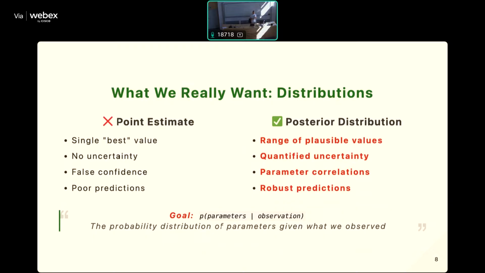So instead of just having one single estimate that can explain our data, we have a distribution with some uncertainty, some variance, and we can even look at the correlations between different parameters, and we can then make more informed or more robust decisions. So we're always going to be looking at this distribution over the parameters conditioned on the observation.